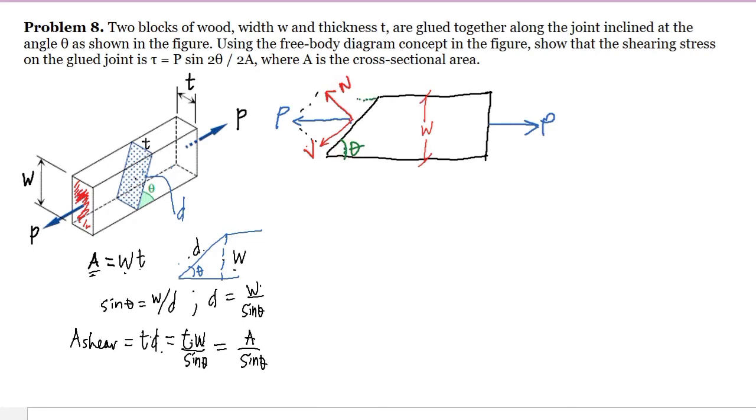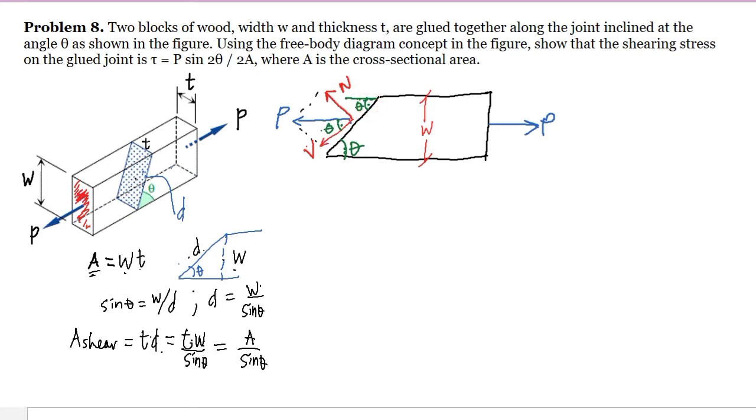If this is angle theta, then this part here is also angle theta, since this angle is equal to this angle.